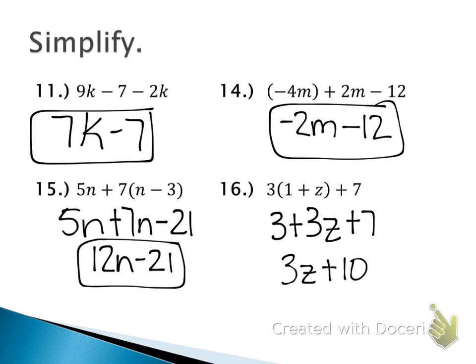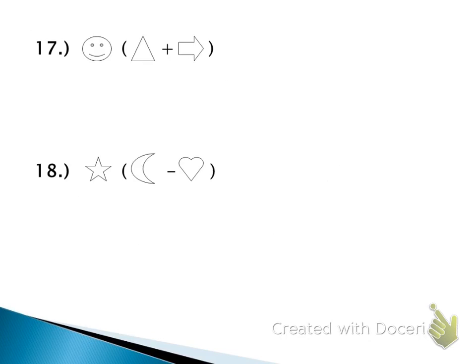Okay. So we have to leave the 3z alone since there's nothing to combine with it. If you put 10 plus 3z, that's also correct. Either way is fine. I prefer it the first way, but addition is commutative, so both are correct.